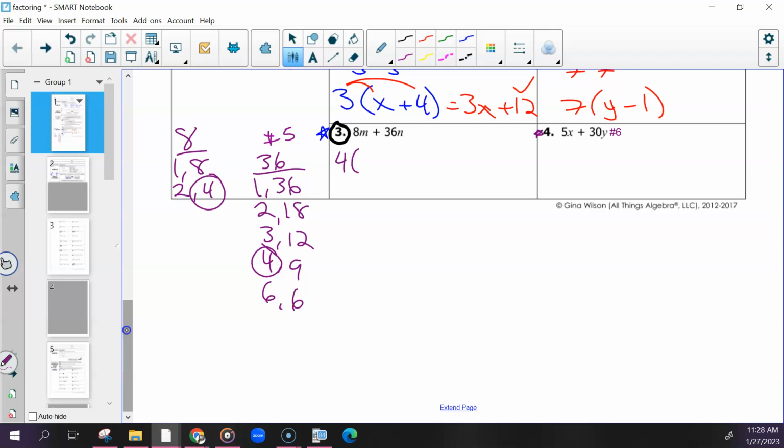So if we're dividing both of these by 4, what would be left? 2m plus 9n. Especially when you have multiple variables, redistribute it back out, see if you got the original or not. And if we did that, this would be 8m plus 36n, so that works.